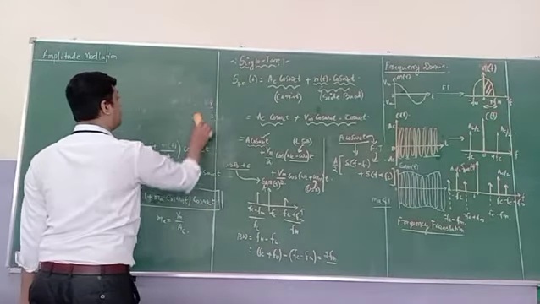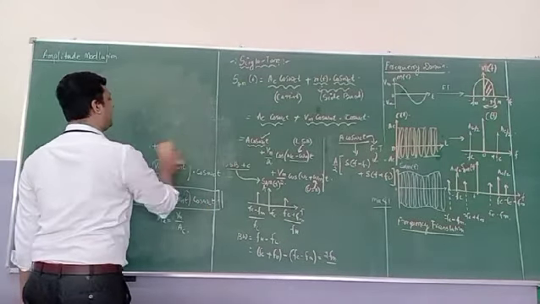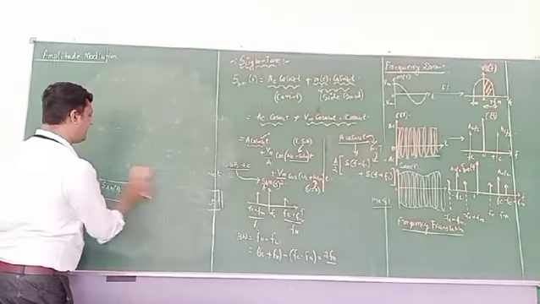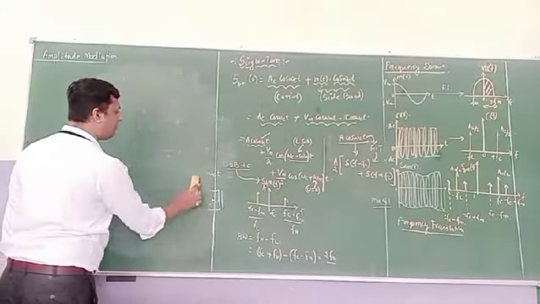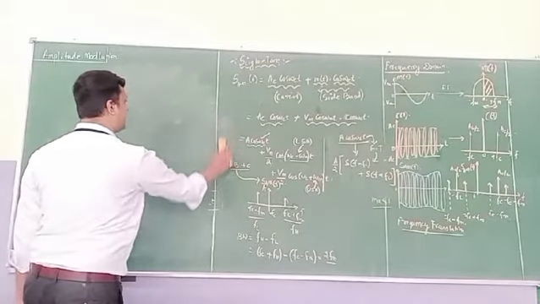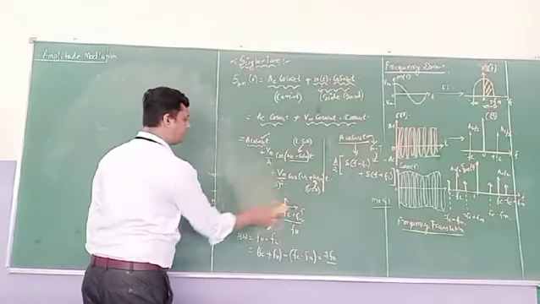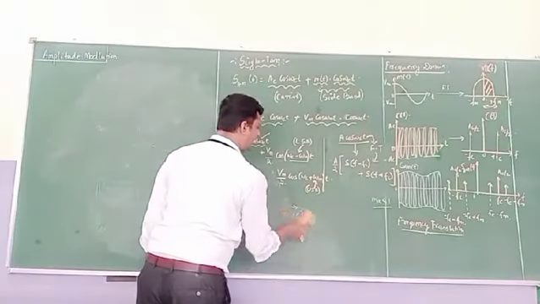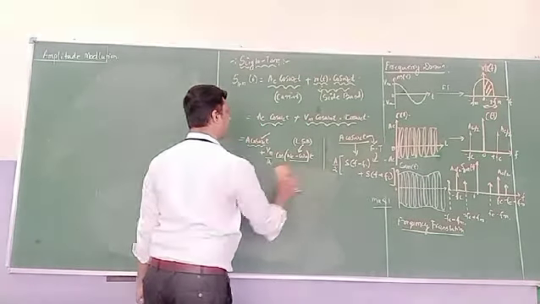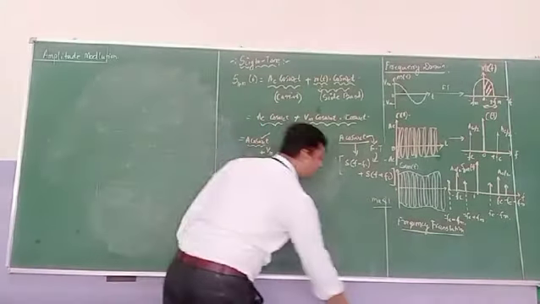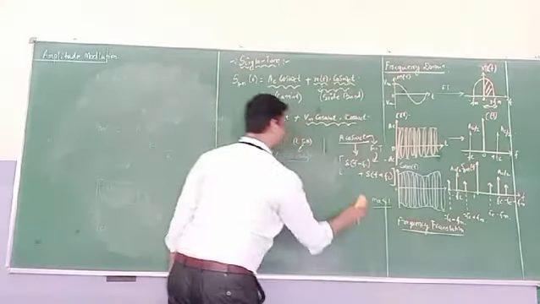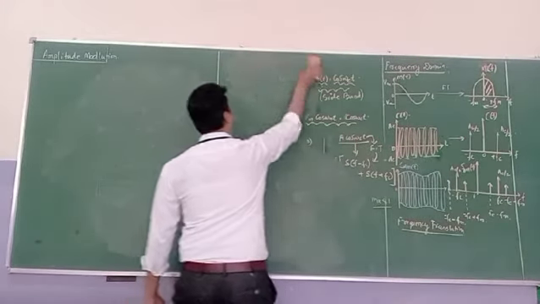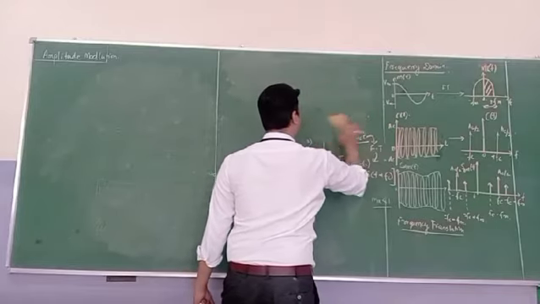For multi-tone, your modulation index will be different because there are n number of modulating signals available. So the modulation index is going to be different for each one. And for that also we can represent the frequency translation or the spectrum for the modulated signal.